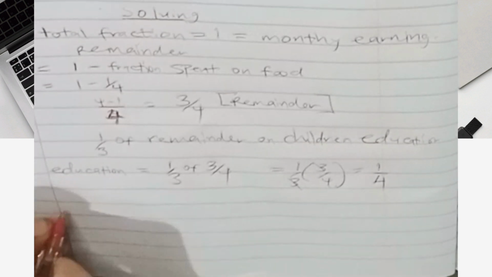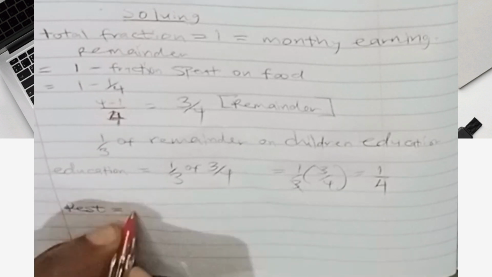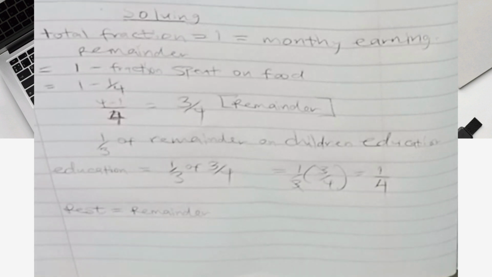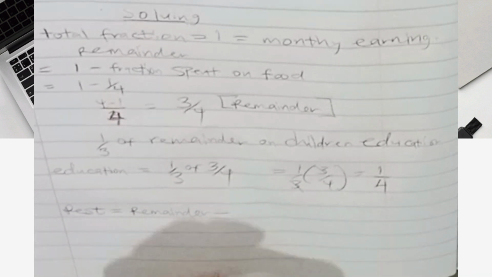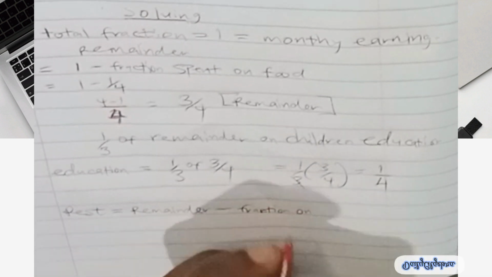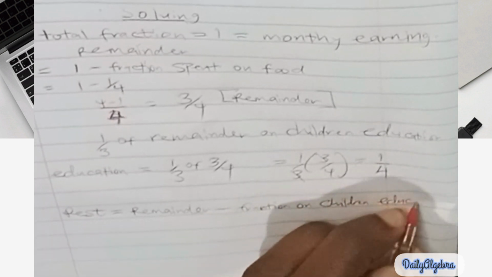The rest will be equal to the remainder minus the fraction on children's education.